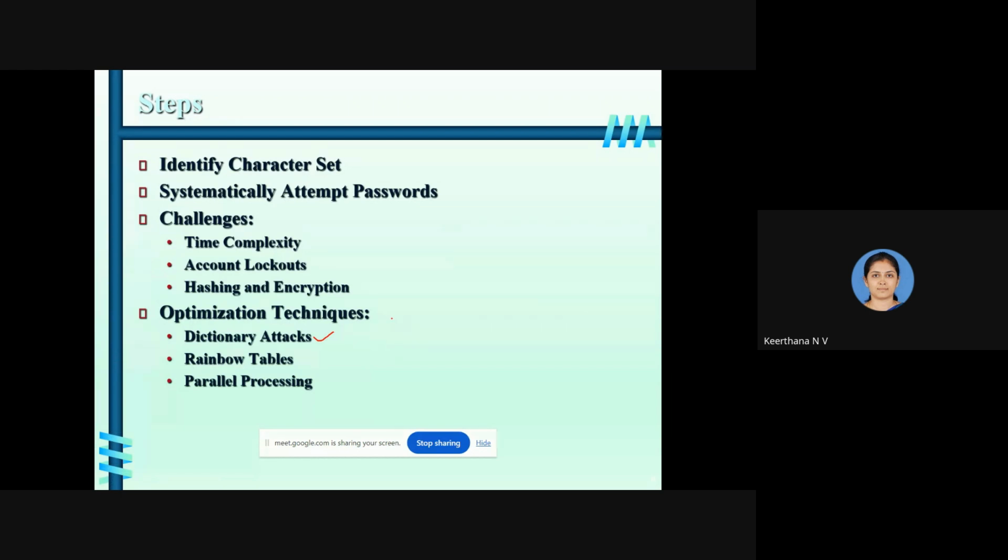Instead of trying every possible combination, a dictionary attack helps attackers find common words or phrases. If you keep your name or your favorite place in your password, it will be found using a dictionary attack.